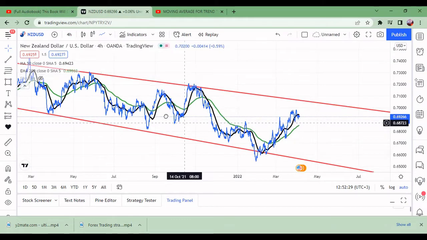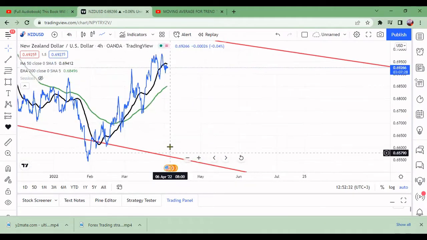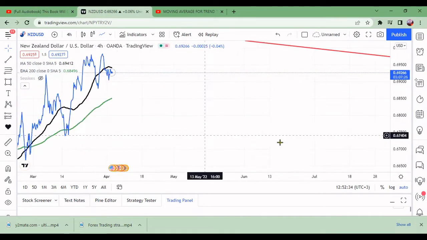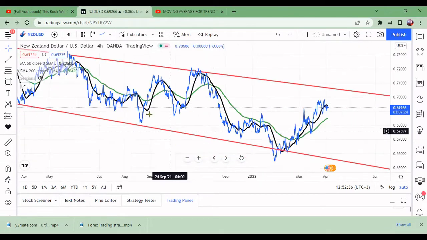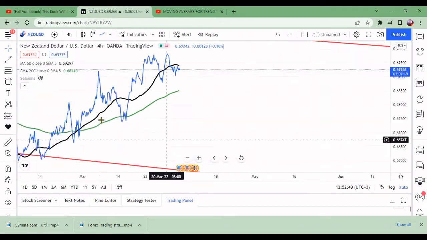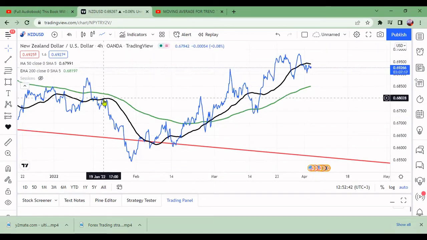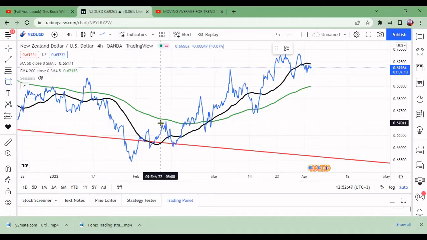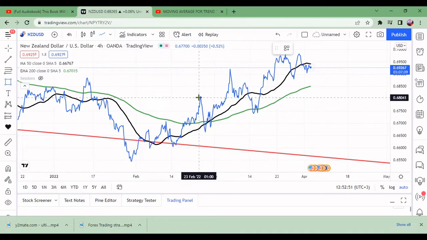Let's say, for example, here you can see we had a crossover. The market was approaching the resistance, the support, you can see the support. I was waiting for a pullback and retest. You can see here we had a pullback and retest. So the crossover has occurred.